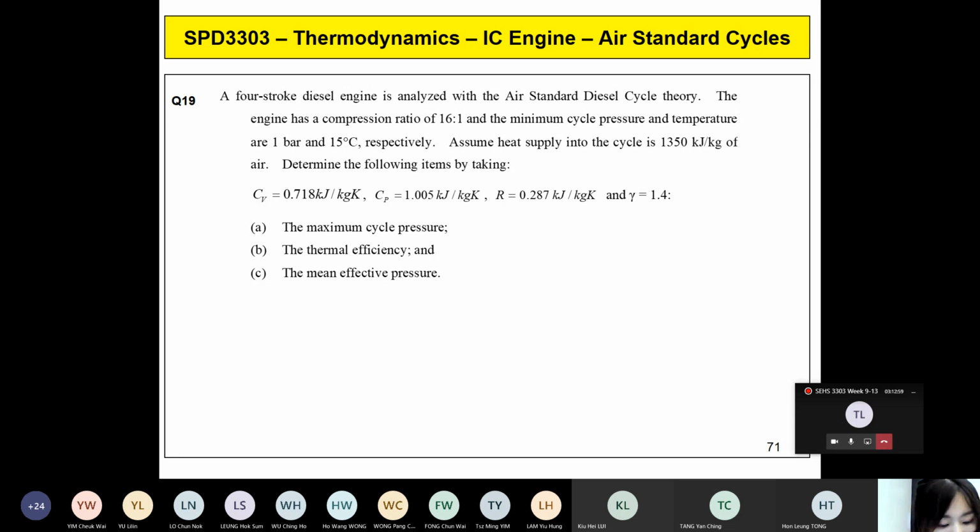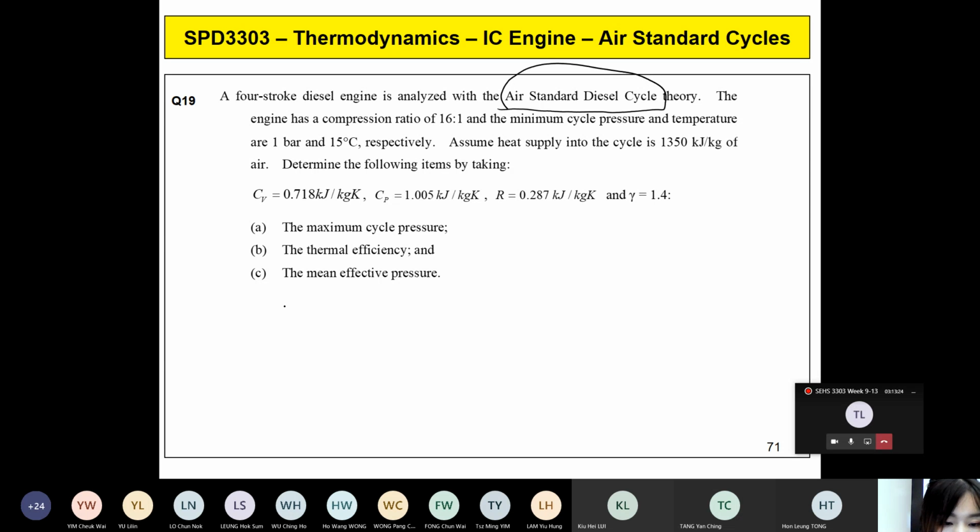First thing, when you see a problem with the words air standard diesel cycle, the first thing you need to do is draw a PV diagram to help you solve your problem.